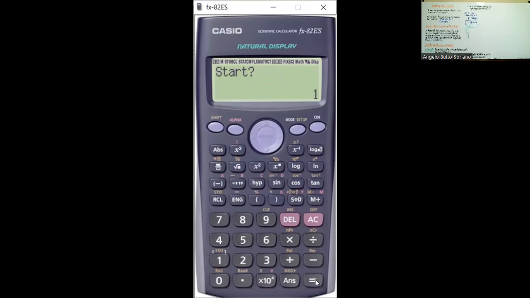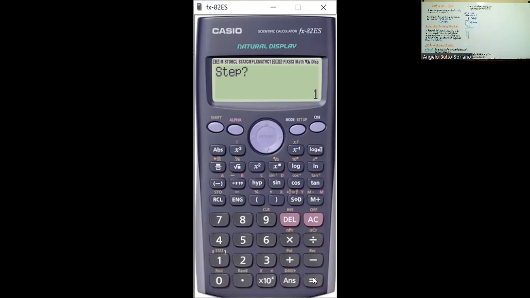The next step, the calculator is going to ask you from which number you would like to start. If you remember in your table of values, you're starting from -2, right? So let's push -2. And the calculator asks in which value you would like to end. You can leave the 5, but if you wish, we're going to keep consistent with the original table of values, starting from -2, and we said we're going to finish on 2.